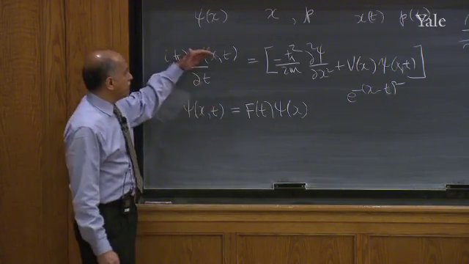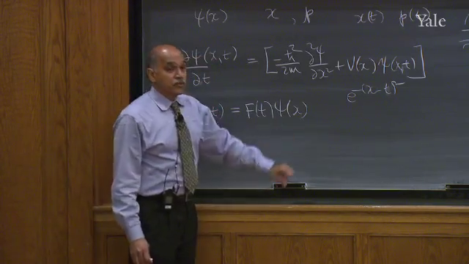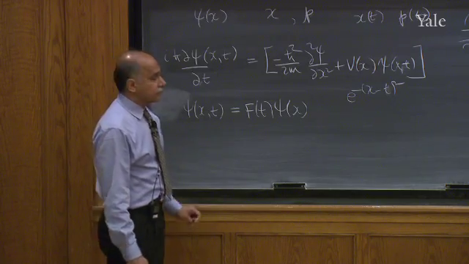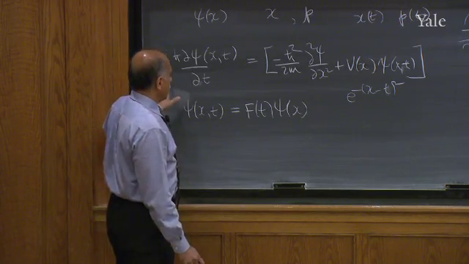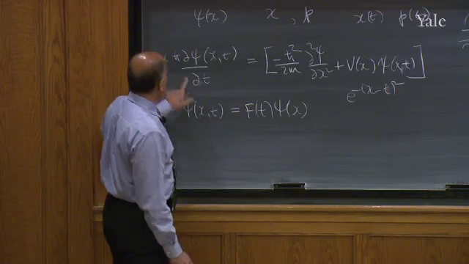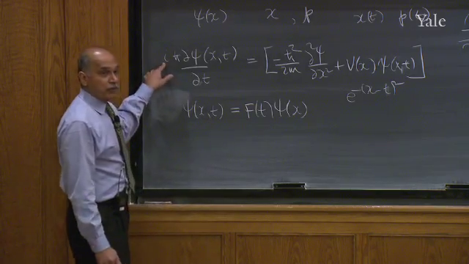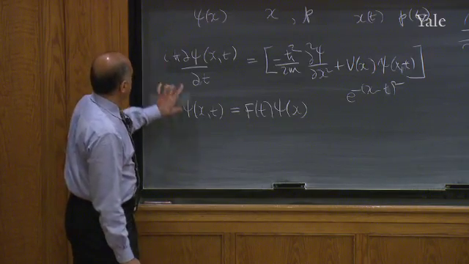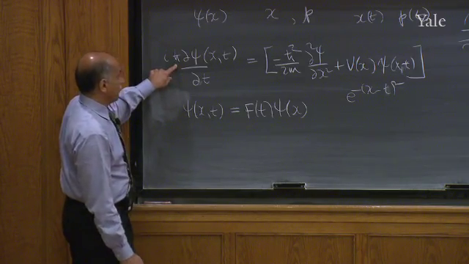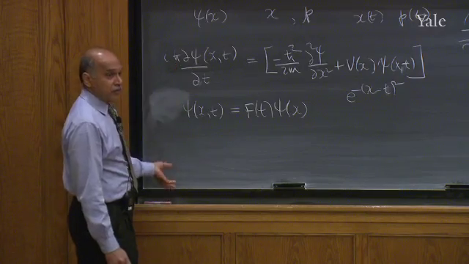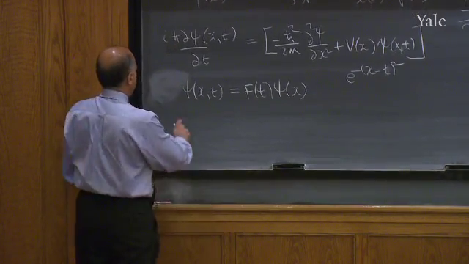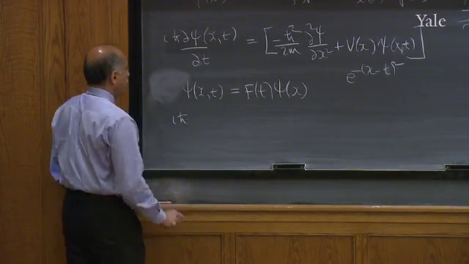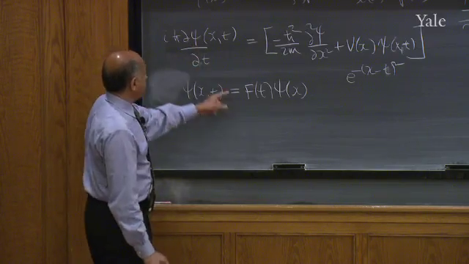I'm trying to see if this equation admits solutions of this form. So let's take that and put it here. Now here's where you got to do the math. Okay, take this psi and put it here and start taking derivatives. Let's do the left-hand side first. Left-hand side, I have i h bar. Then I bring the d by dt to act on this product.